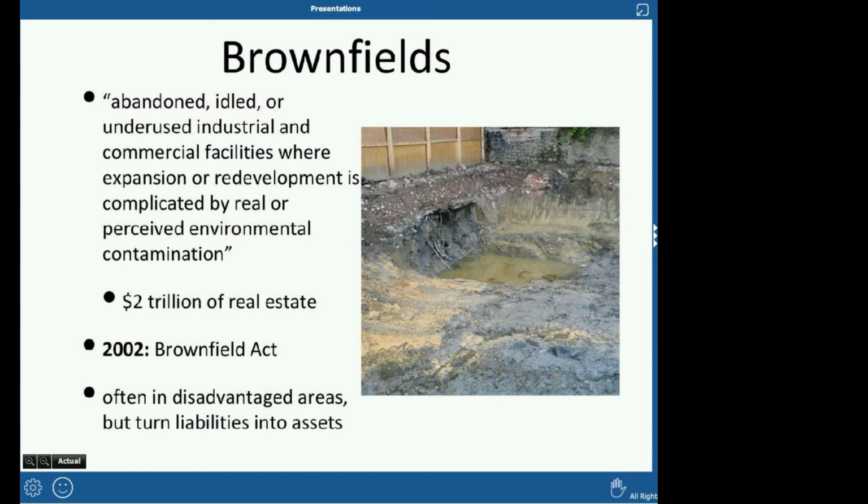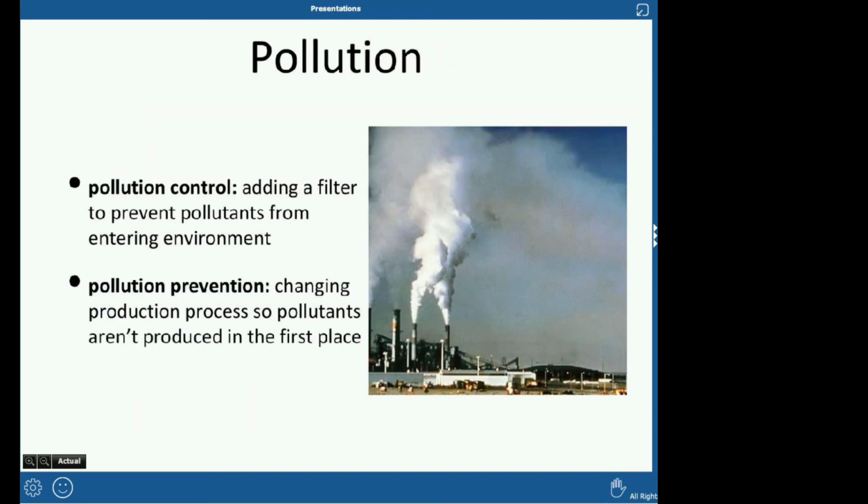It's basically $2 trillion of real estate in the United States. A lot of times these brownfields are in disadvantaged areas, but they're starting to reclaim these brownfields and fix them up. And so they turn what was previously a liability, something that was an eyesore, supposedly contaminated, into assets, whether they're parks or whatever. They're cleaning them up somehow.